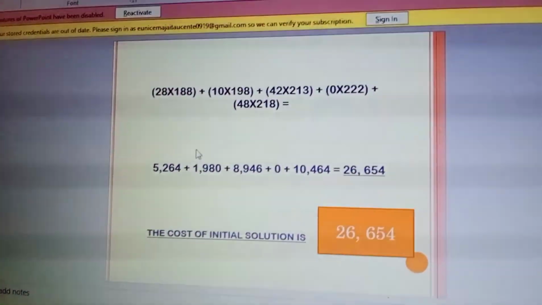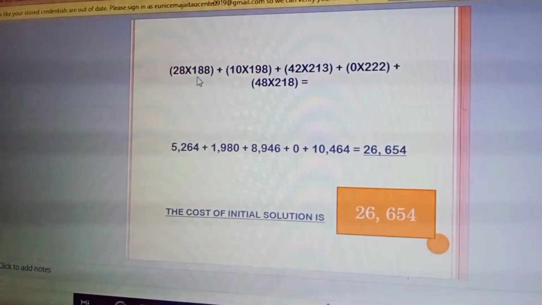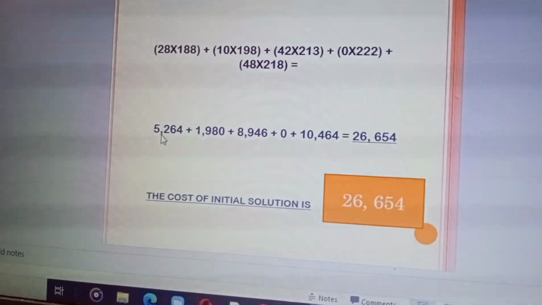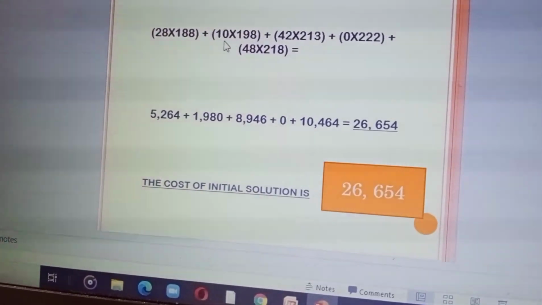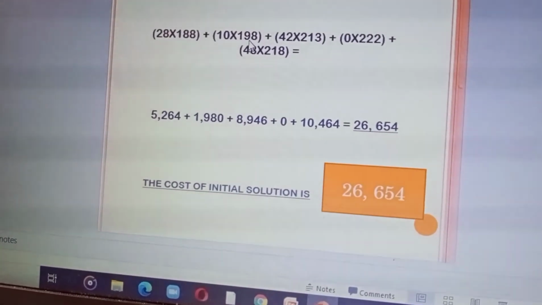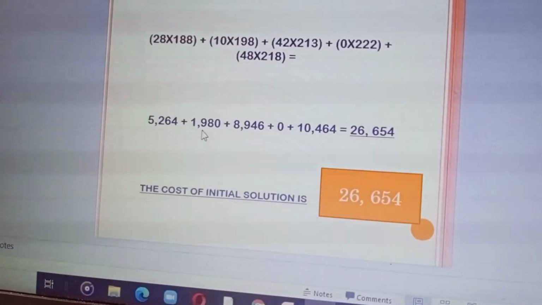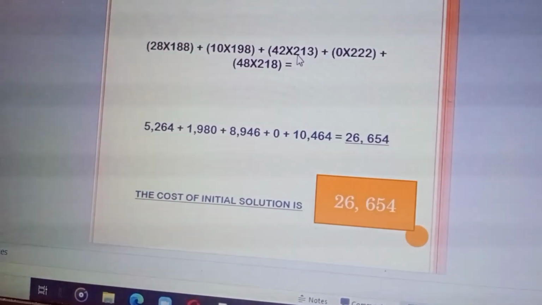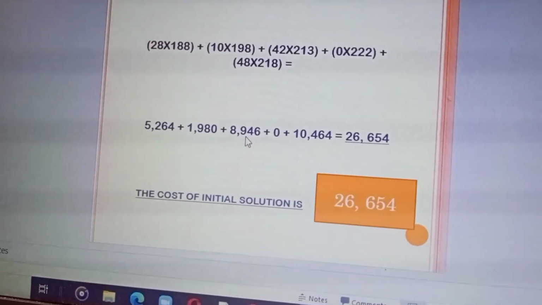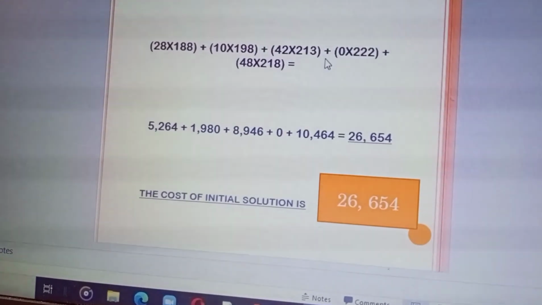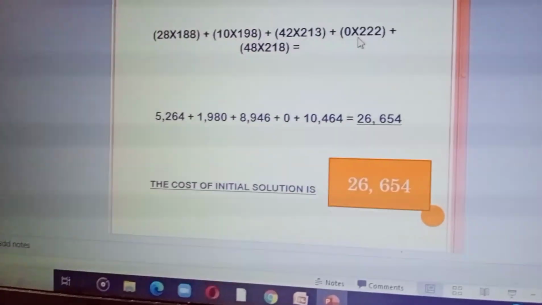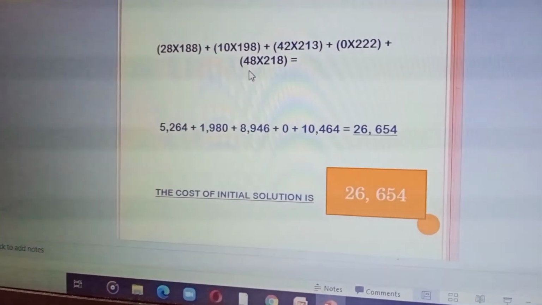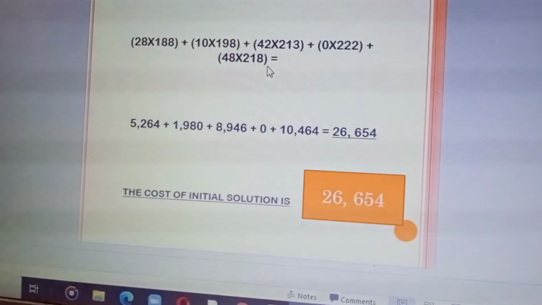So these are what we got: 28 times 188, the answer is 5,264, plus 10 times 198 is equal to 1,980, plus 42 times 213, the answer is 8,946, plus 0 times 222, of course, the answer is 0, plus 48 times 218.